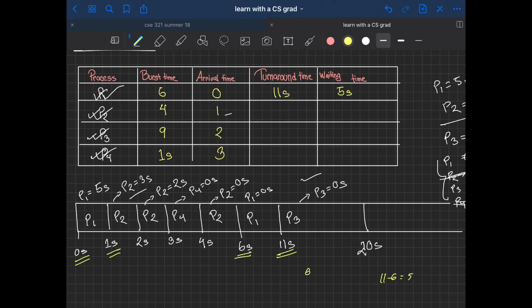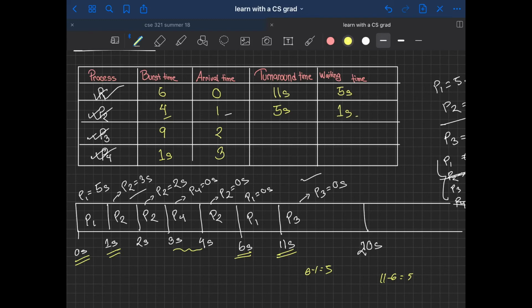So 6 minus 1, that's 5. Its turnaround time is 5 seconds. Its burst time was 4, so it had to wait for 1 second, because here we can see that there was a switch and P4 took the CPU for 1 more second. So that's why we had to wait for 1 second, right?